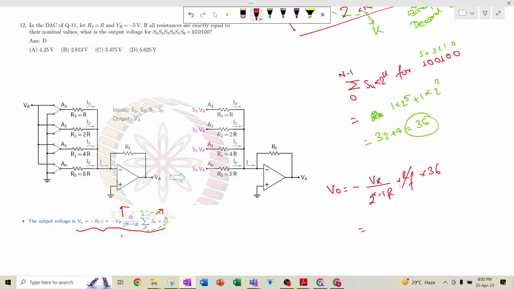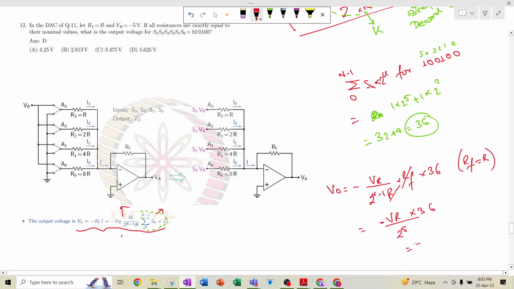Now RF and R cancel out because RF is equal to R. So minus VR divided by 2 to the power n minus 1, that means 2 to the power 6 minus 1, that means 2 to the power 5, into 36. And now the VR value is nothing but minus 5 volt. So minus of minus 5 volt divided by 2 to the power 5, which is 32, into 36, that means 5 into 36 divided by 32.